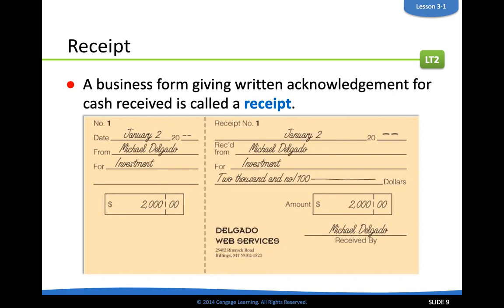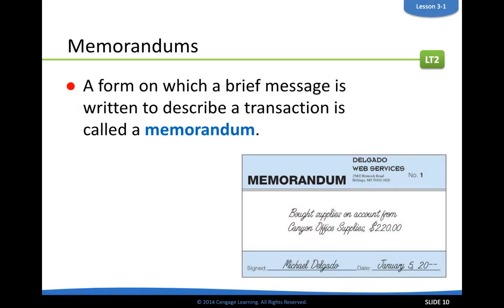It was recorded on January 2nd, received from Michael Delgado for an investment of $2,000. So that transaction would be received cash from the owner as an investment in the amount of $2,000. You don't have a description of that transaction, but you do have a source document that indicates what happened, and we can interpret that.